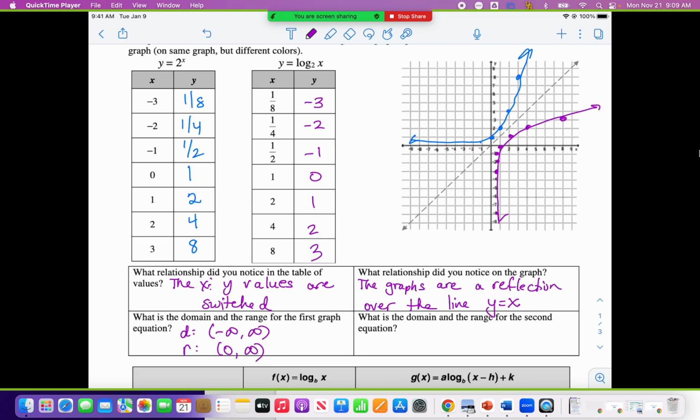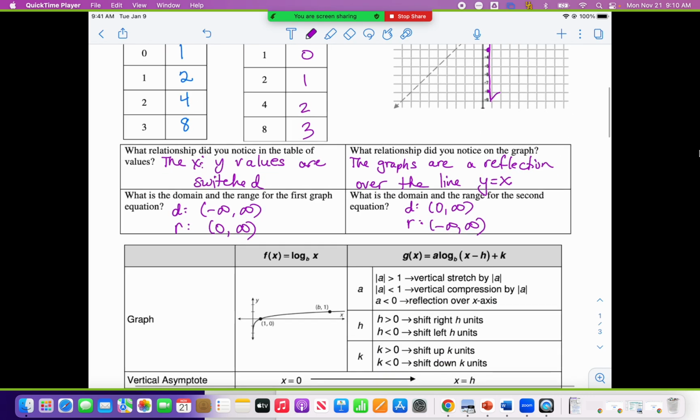Then Brennan, what do you know about inverses? You switch the x and the y. So Hannah, what would be the domain then of the log? Good job, you're just switching the range to the domain. And then Matthew, what would be the range? Negative infinity to infinity. Good job.